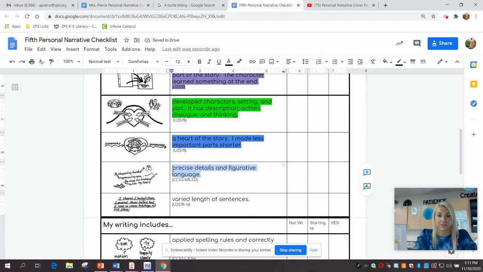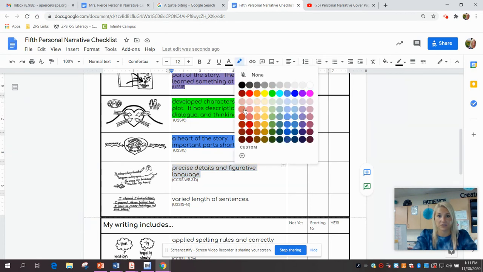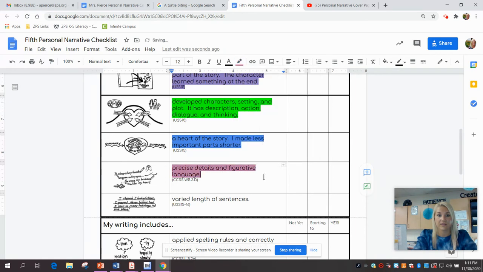This we worked on, figurative language. Make sure that you have figurative language in your piece, hyperboles where you exaggerate, metaphors or similes where you compare two things. But with simile, remember, you have used the word like or as.